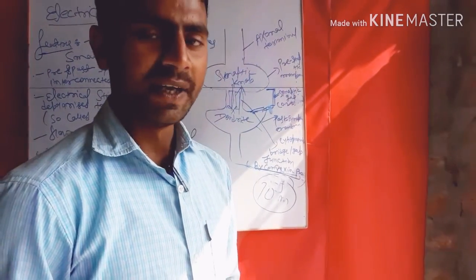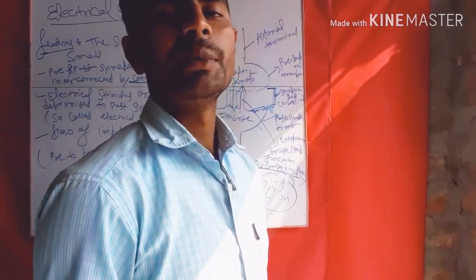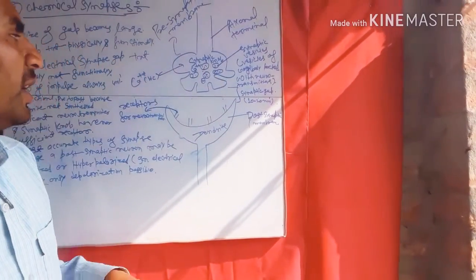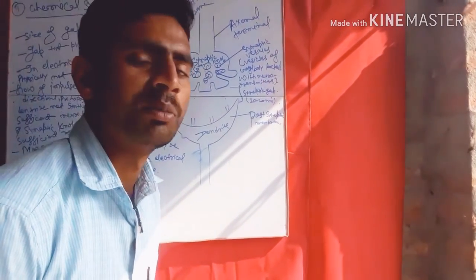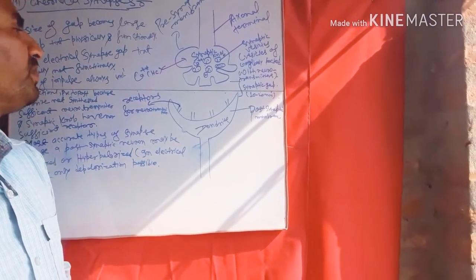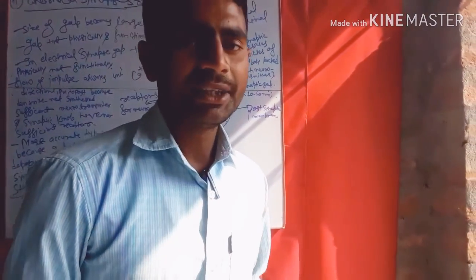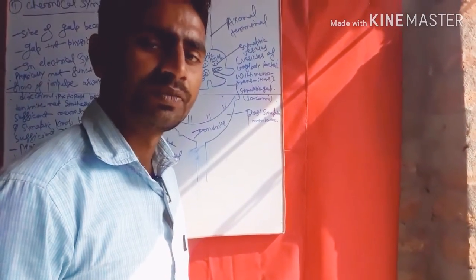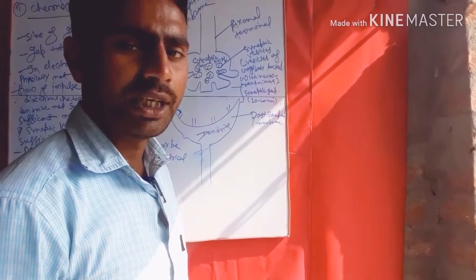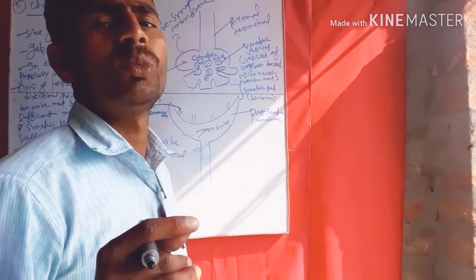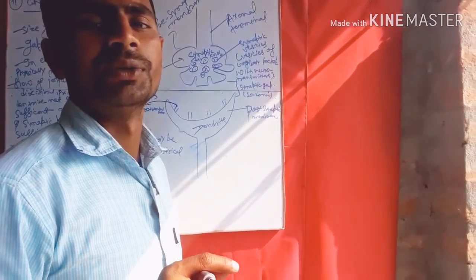Next is the chemical synapse. How is the impulse produced in the chemical synapse? You can see here that this is the synapse. In the electrical synapse, the synaptic cleft is 0.2 to 10 nanometer.